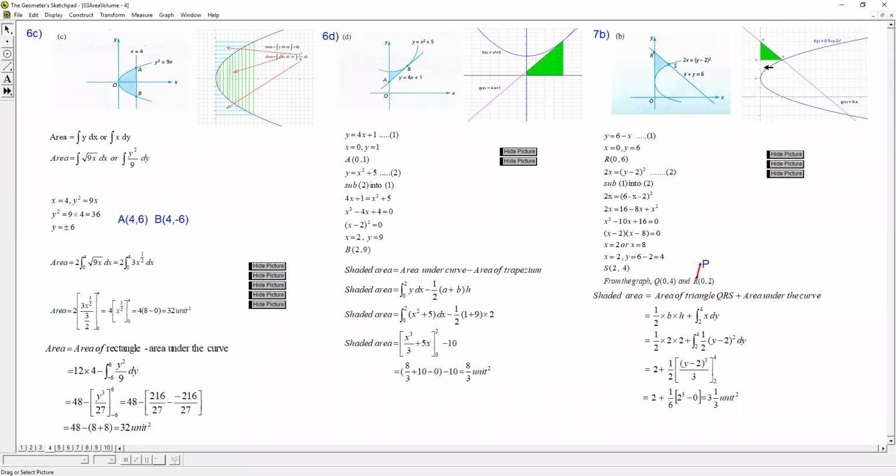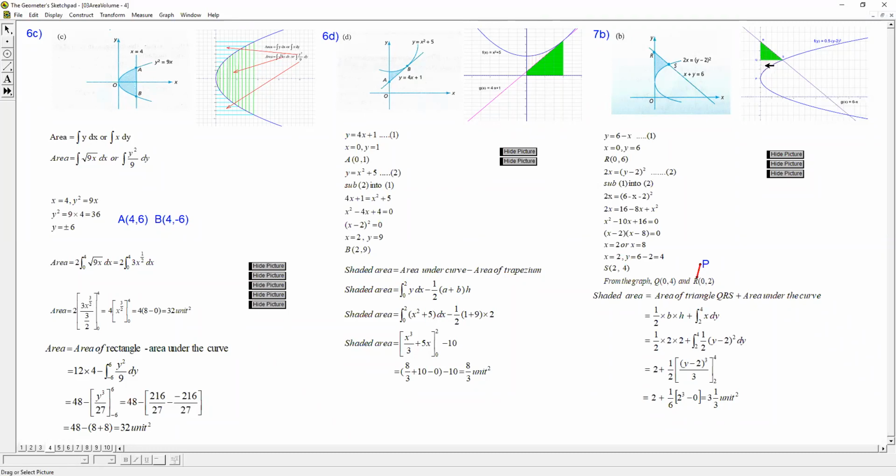QRS is this, area under the curve is this. So the area of a triangle is half base times height. The base is 2, right? The height here is also 2. From Q to R is 2, from Q to S is also 2. So half times 2 times 2, the area is actually 2.